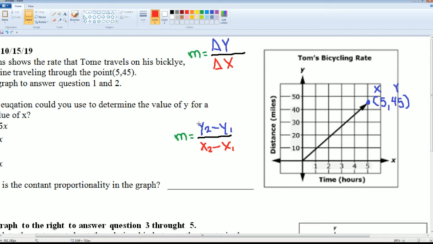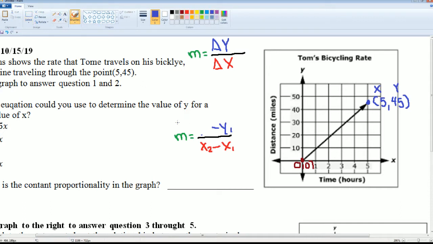What is x1? The first point is very nice because proportional relationships will always start at (0, 0). So what is y2, the second point right here? It is 45.